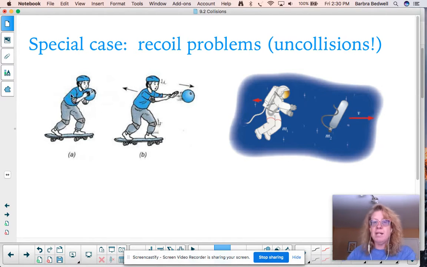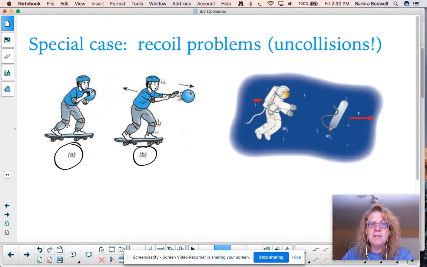But in either case with these, if this is before and this is after, the solution is still the same when you think about how these are working. It's like the opposite of an inelastic collision. The key point here is we've got the mass of the boy, and then you've got the mass of the ball that's in here.